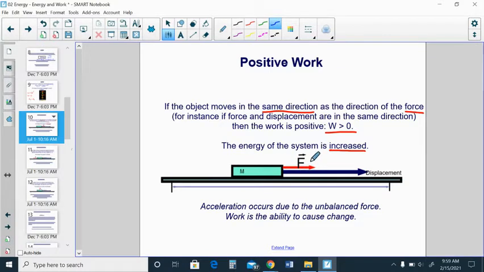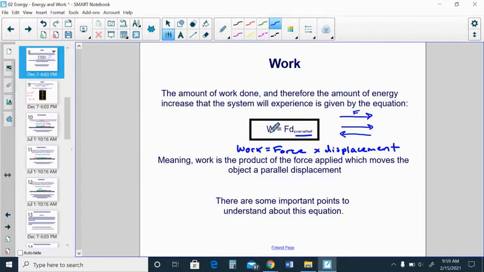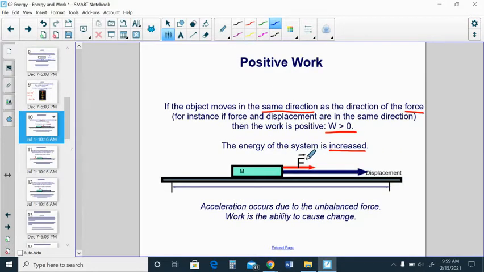Since that is the case, remember that work is equal to the force. It's the product of the force and the parallel displacement. Here we see that the force and displacement are parallel. And when they go in that same direction, you end up with positive work.